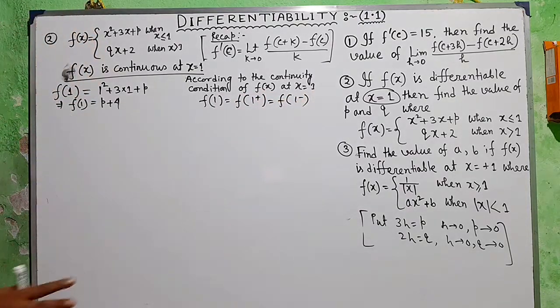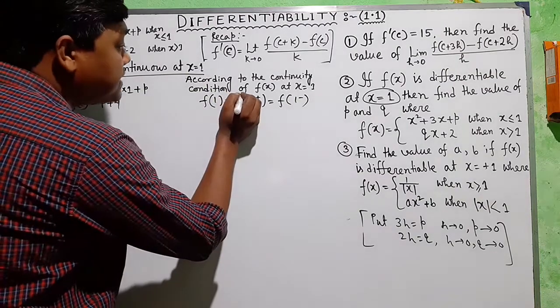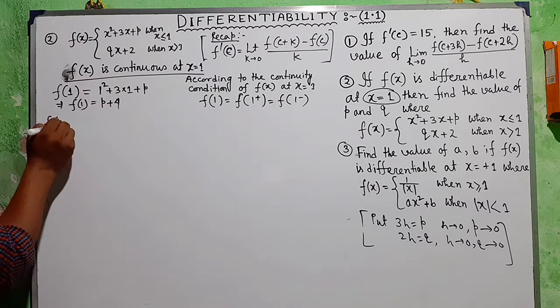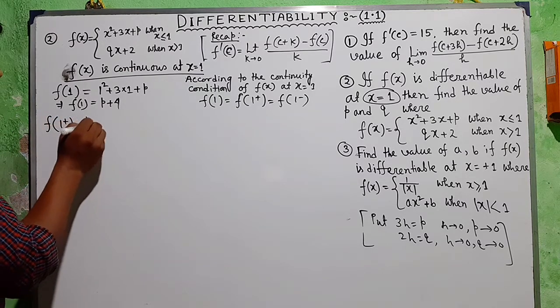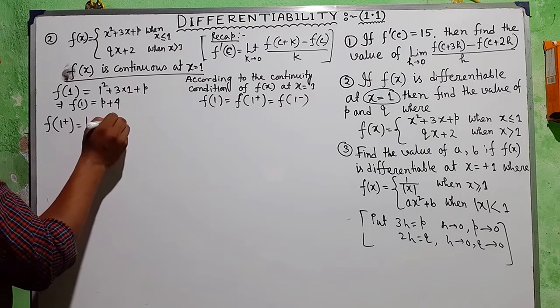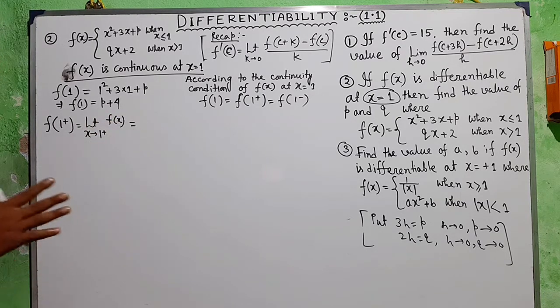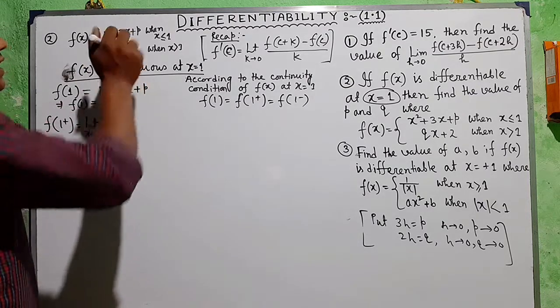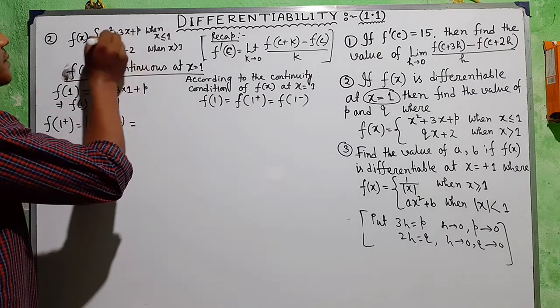This is the condition of the continuity at the point x equals a. So now what is f(1) plus? f(1) plus means limit x tends to 1 plus f(x). So x tends to 1 plus means x greater than 1 এর জন্য ফাংশনটা কি qx plus 2.